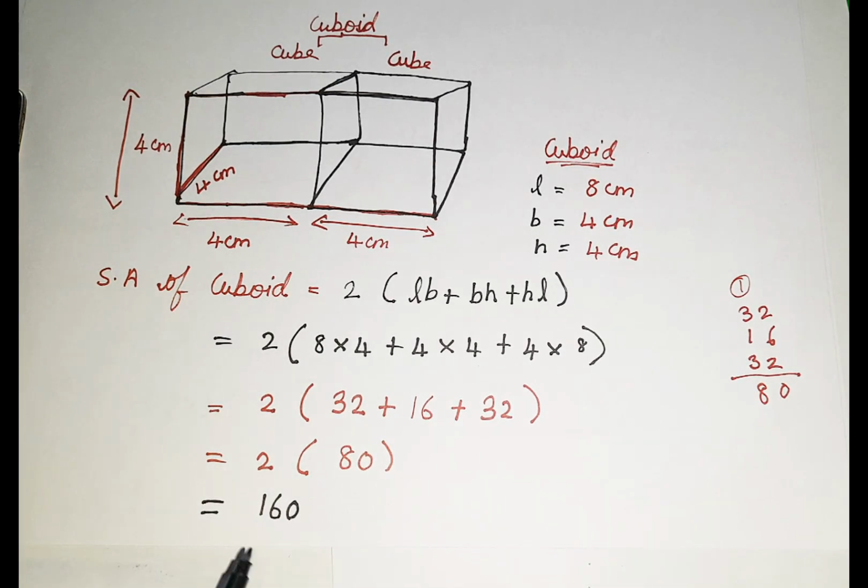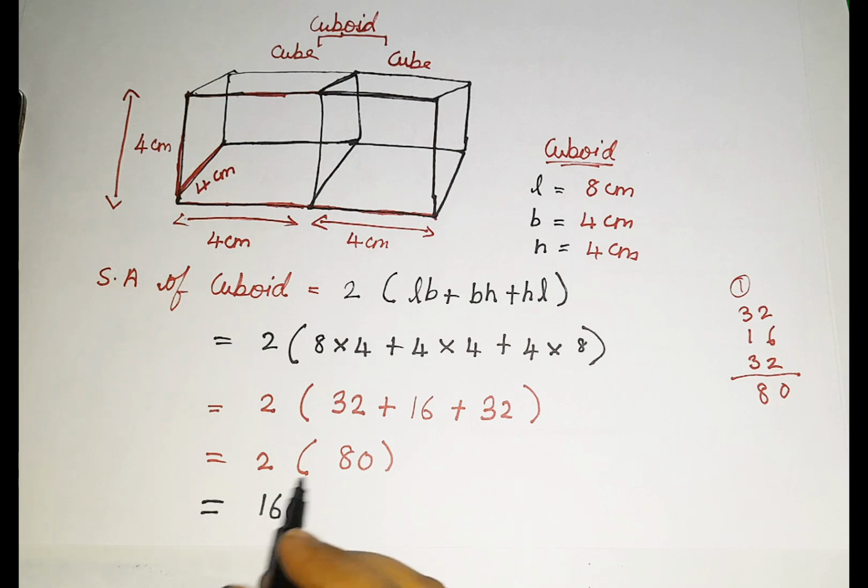We are supposed to write centimeter cube or centimeter square, so we are supposed to write the unit. Please guys, never forget to write the unit, because whoever is correcting your paper might reduce your marks if you don't write the unit. So be careful on that.